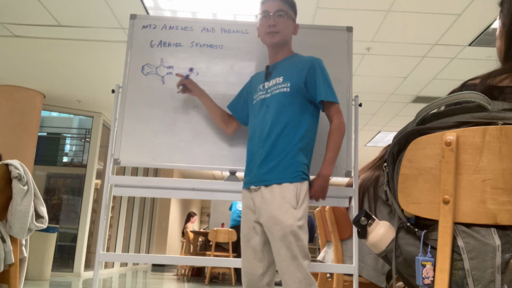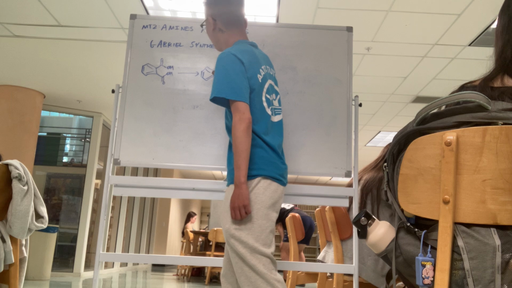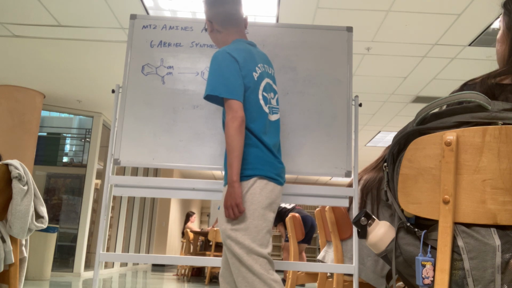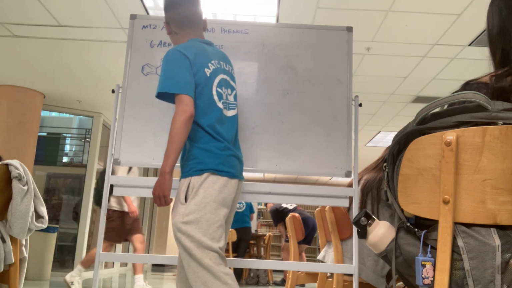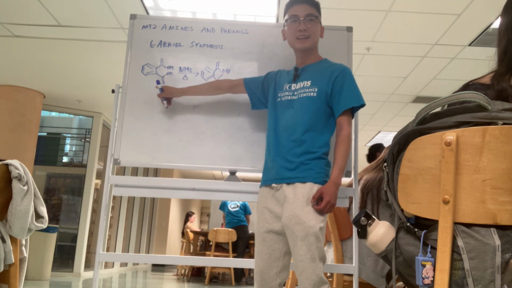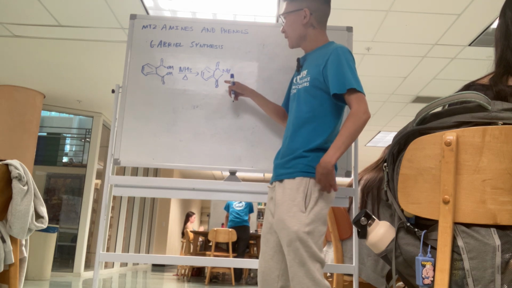We can convert this to the phthalimide by NH3 and heat, right? NH3 and heat would convert this phthalic acid into the phthalimide here, right?